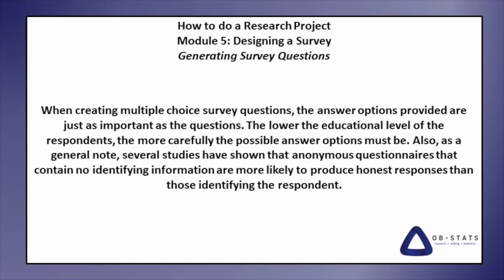When creating multiple-choice survey questions, the answer options provided are just as important as the questions. The lower the educational level of the respondents, the more carefully the possible answer options must be considered. Also, as a general note, several studies have shown that anonymous questionnaires that contain no identifying information are more likely to produce honest responses than those identifying the respondent.